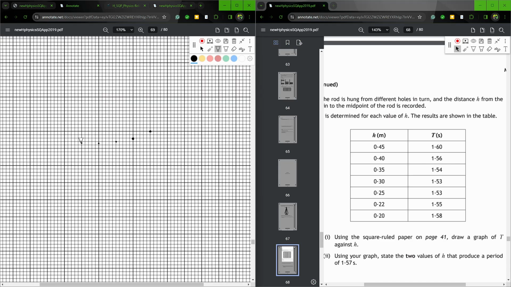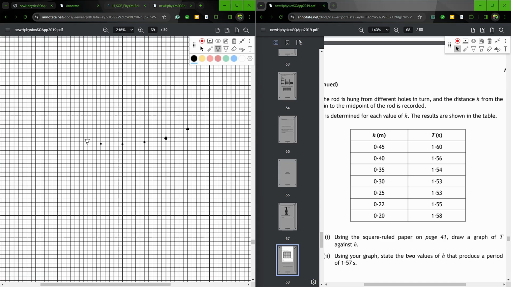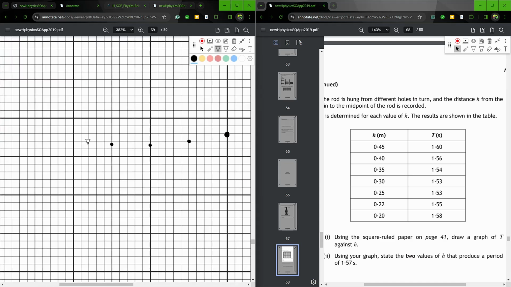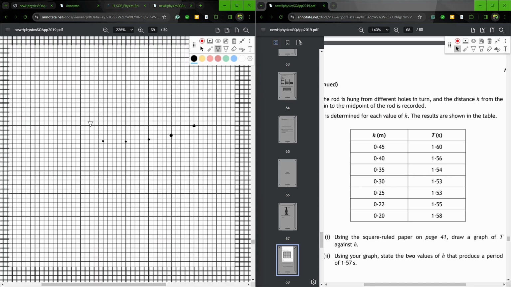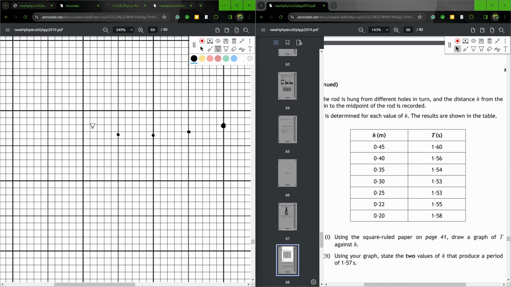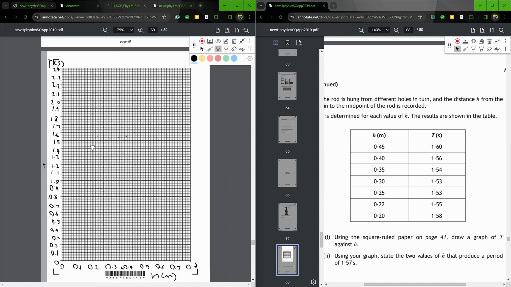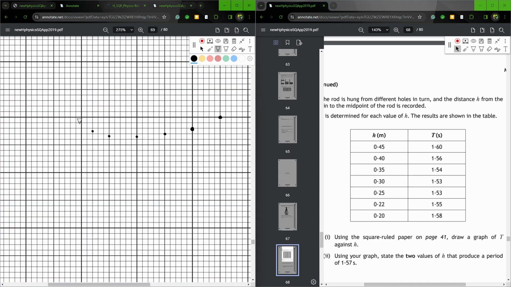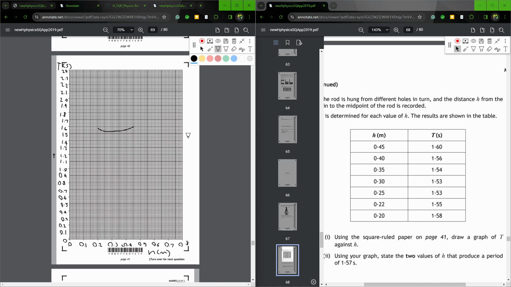And then for 0.22, for some reason, because I had to ruin my whole brilliant plan, it jumps back up to 1.55, which is up here, and then 1.58 at 0.2, that would be there. Then we just join them up. And there you go.